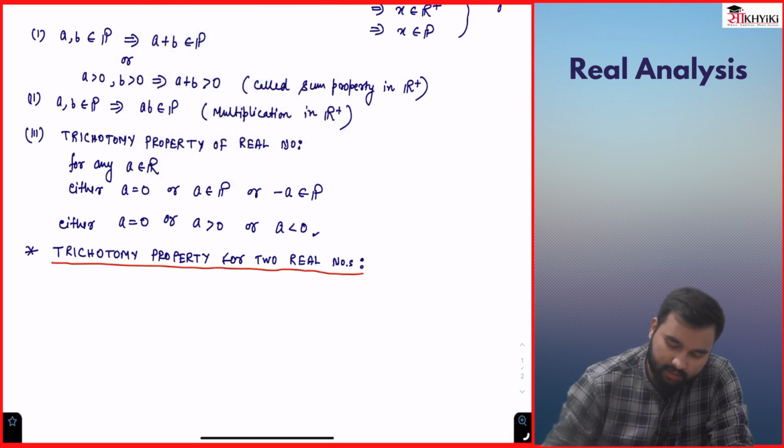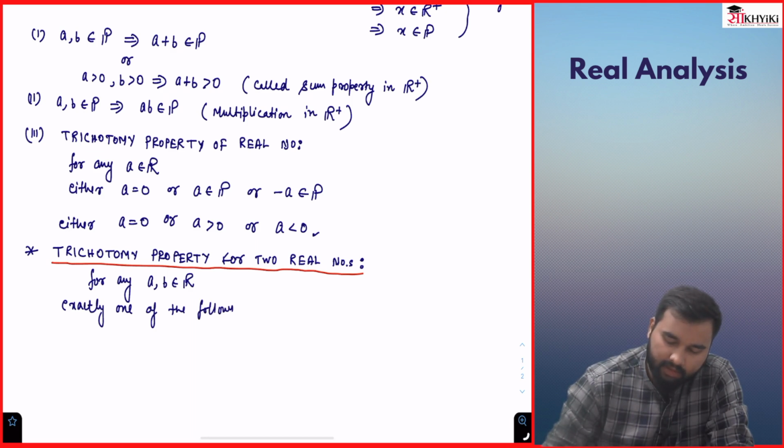Which states: for any A and B belonging to the real numbers, exactly one of the following is true.